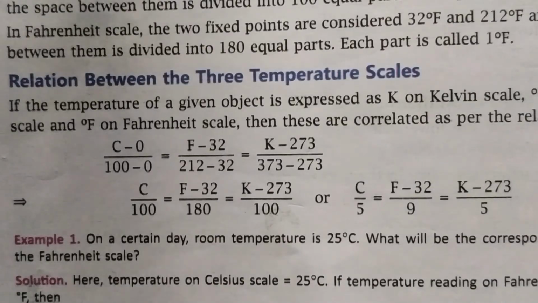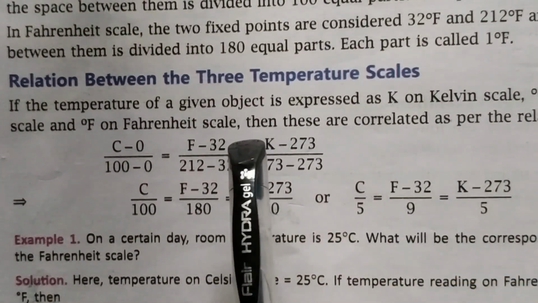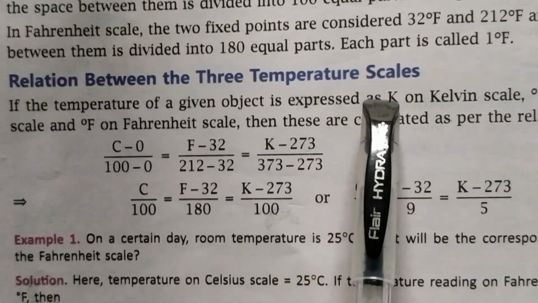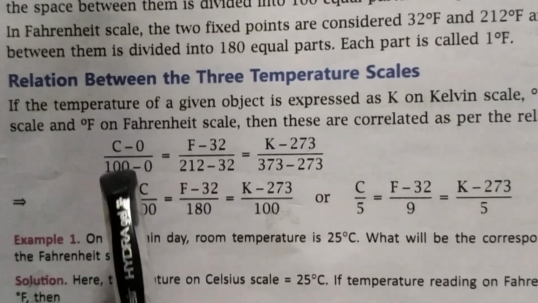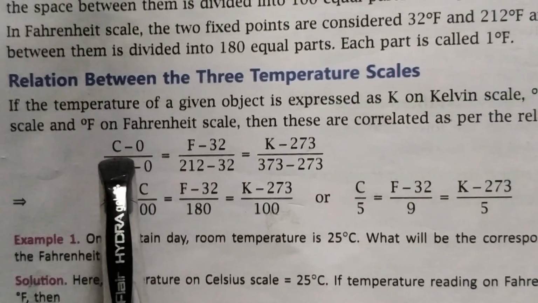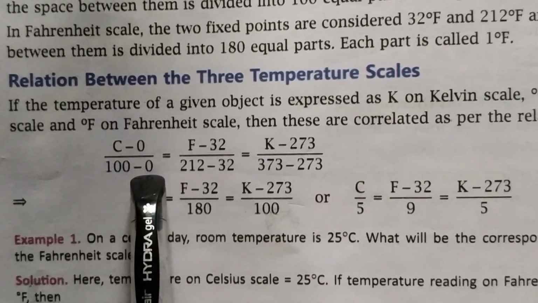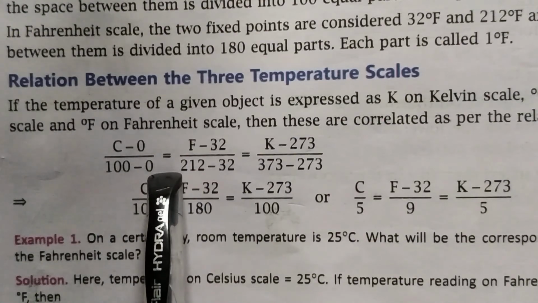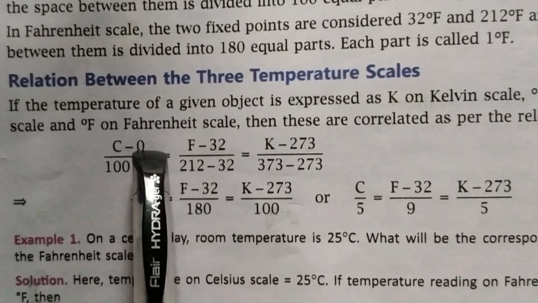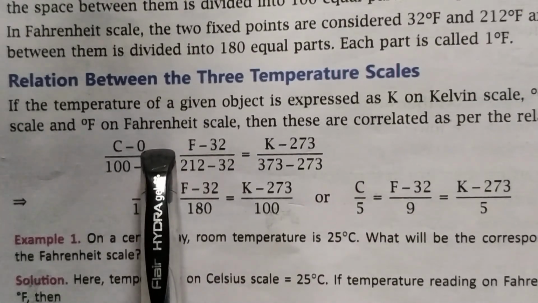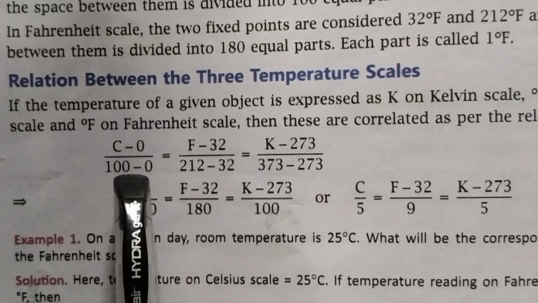Now let us understand the relation between the three temperature scales. As you learn formulae in maths, this formula also you have to learn. The relationship between the three scales is (C minus 0) divided by (100 minus 0). It's very easy to learn. C is for Celsius, minus 0 means the lower fixed point, divided by upper fixed point minus lower fixed point.